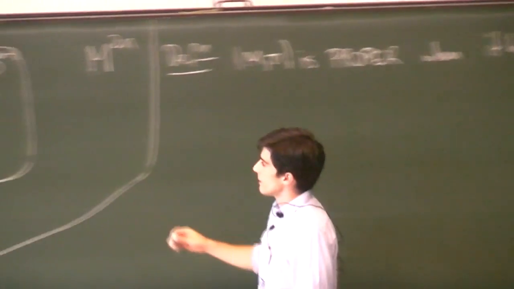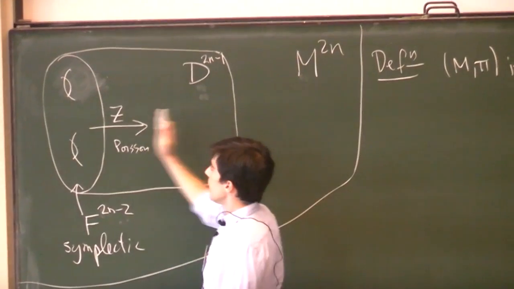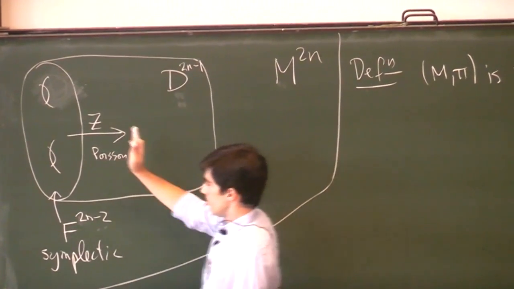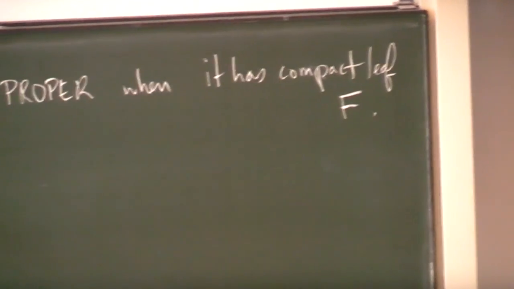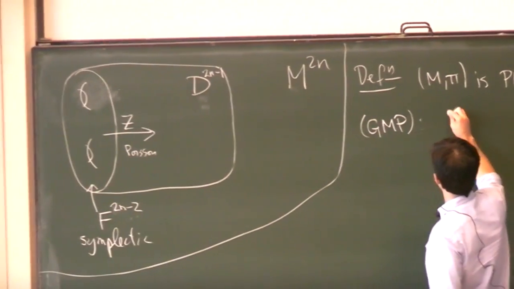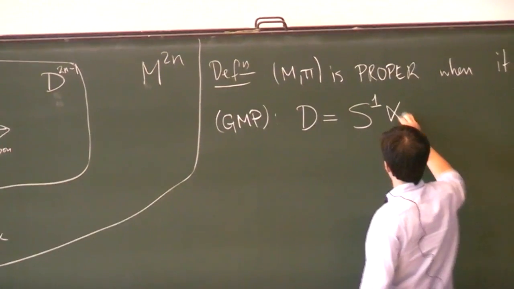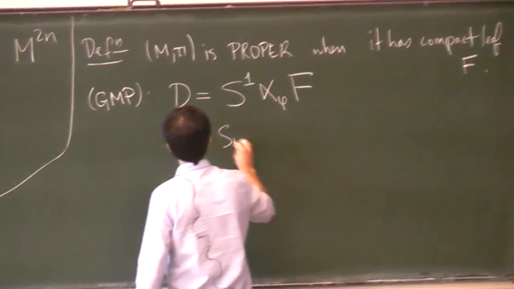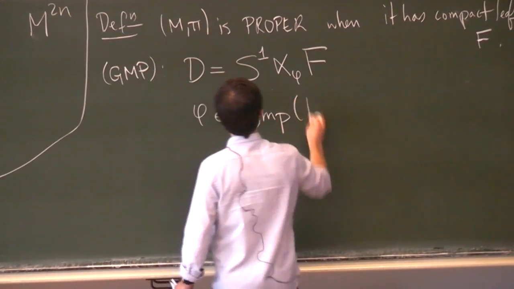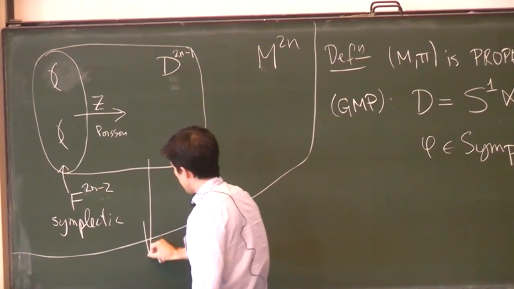Okay, so if it has a compact leaf F, then the existence of this vector field means we can drag this over and foliate all of D by leaves that are symplectomorphic to F. So inside Gualtieri, Miranda, and Pérez's paper, you'll find a proof of the fact that D, under this assumption, is actually the mapping torus with respect to some symplectomorphism of F. So in other words, this whole thing fibers over the circle.